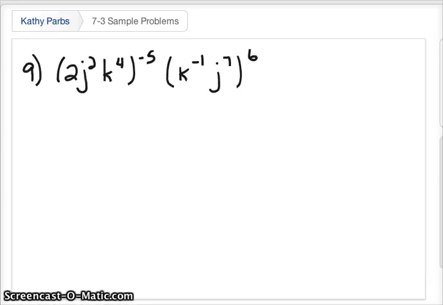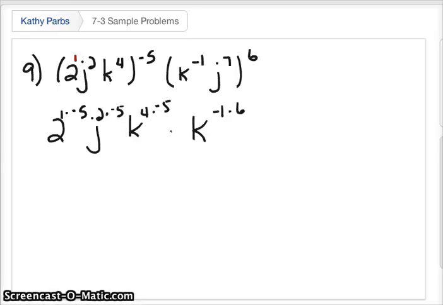Okay, remember the 2 has a 1 on it, so we have 2 to the 1 times -5, j to the 2 times -5, k to the 4 times -5, times our next set of parentheses, k to the -1 times 6, j to the 7 times 6. So let's multiply all of this out.